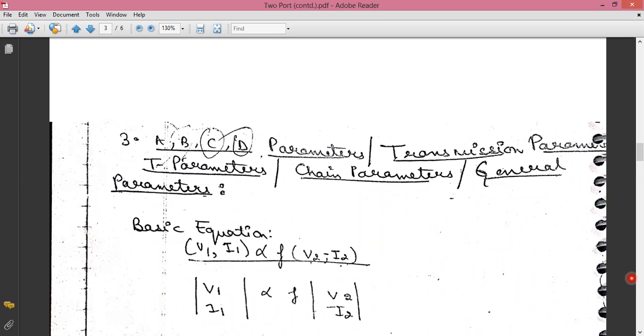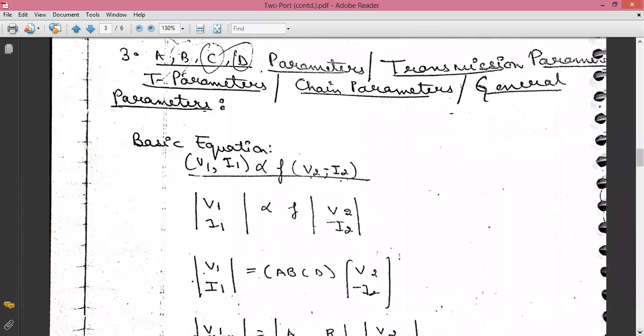Next step is हम लोग कॉन्सेप्ट ऑफ प्रोपोर्शनैलिटी को चेंज करते हैं किसी ना किसी पैरामीटर को बीच में जोड़ के. जैसे आपने Z में देखा, हमने कॉन्सेप्ट ऑफ प्रोपोर्शनैलिटी को हटा के Z लगाया. उसके बाद Y में देखा कि कॉन्सेप्ट ऑफ प्रोपोर्शनैलिटी को हटा के हमने Y लगाया. अब इसकी कॉन्सेप्ट ऑफ प्रोपोर्शनैलिटी को हटा के I can use the term that is ABCD, because the parameter's name is ABCD.